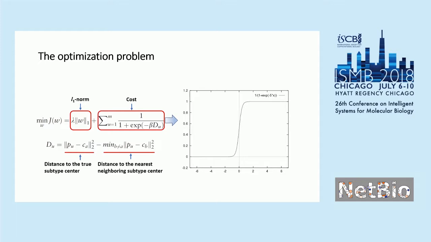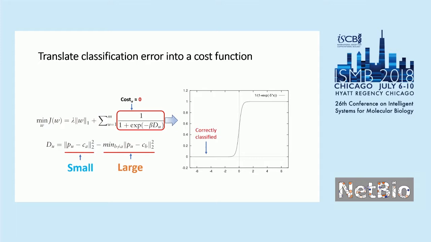So the intuition is that if the first term of du is small and the second term of du is large, which, as I said, represents tumor U is correctly classified, then the cost function with respect to tumor U will be close to 0.